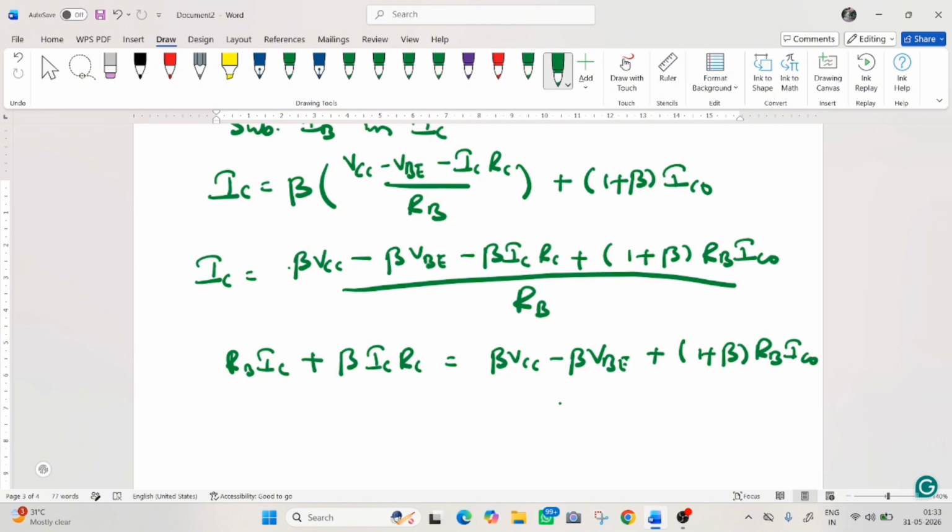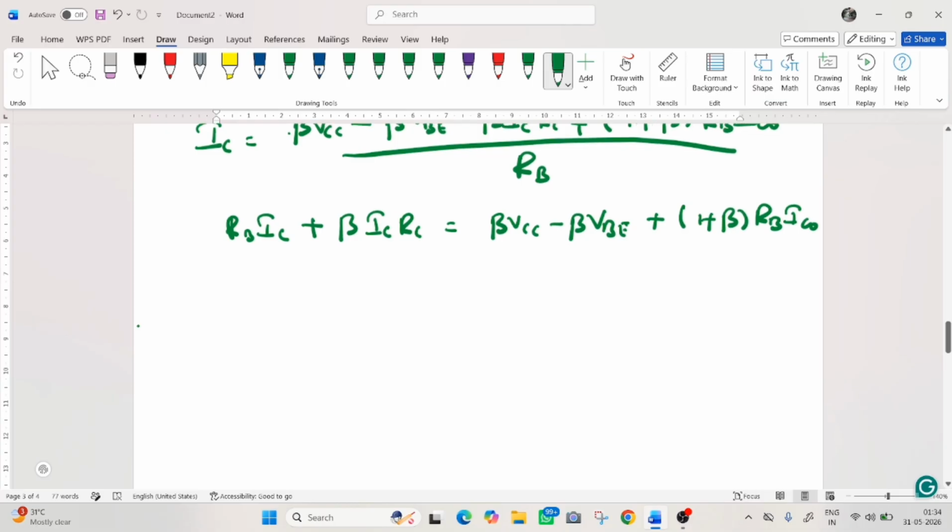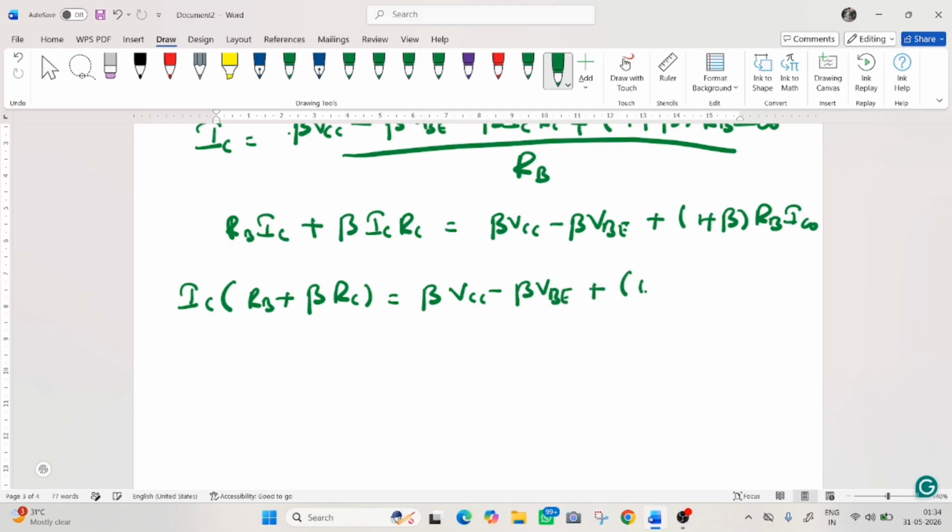Hope everyone understood this. Now in these two, let me take IC common. Then it will become RB plus beta times RC, and the rest of the things are the same: beta into VCC minus beta into VBE plus (1 plus beta) times RB ICO.